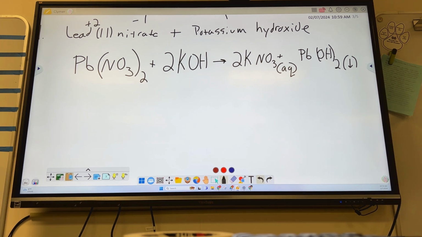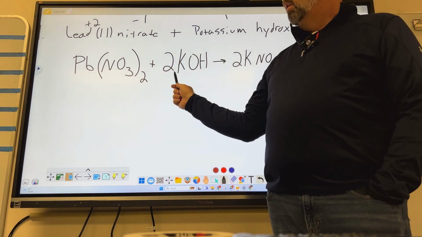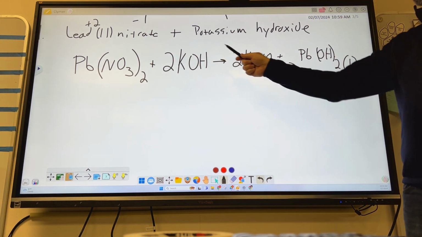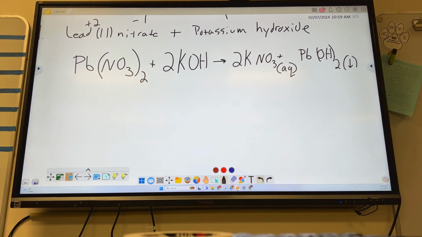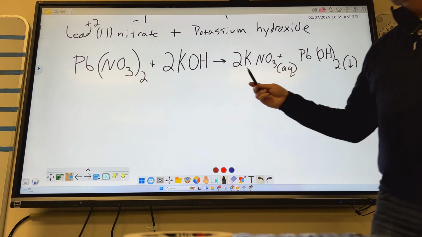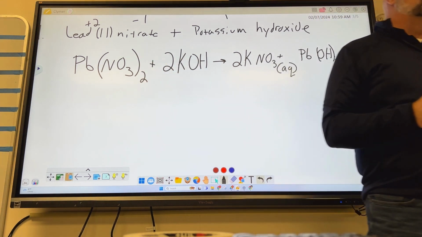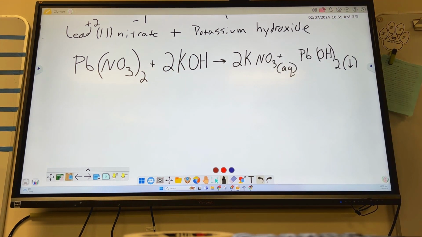Now, we didn't list it, but let's play make-believe. What would you put over here, akin to these, for both of these substances on the left? What would be the state of these two things? Solid, liquid, gas, aqueous, which should it be? Aqueous. Why? Because they're dissolved in the water. They were dissolved in that solution.